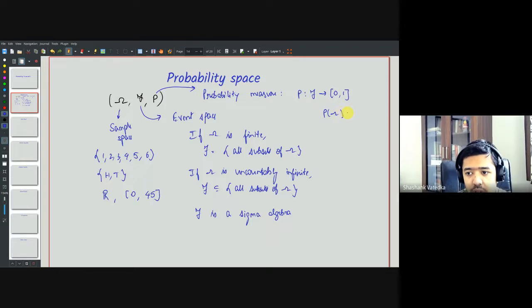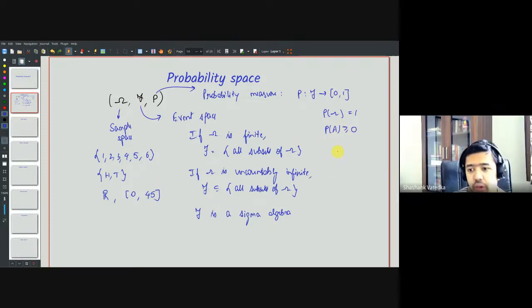And this probability measure is basically a function which satisfies certain properties, and that is the probability of omega should be 1. So you also know that for every event A, the probability of A is of course non-negative.